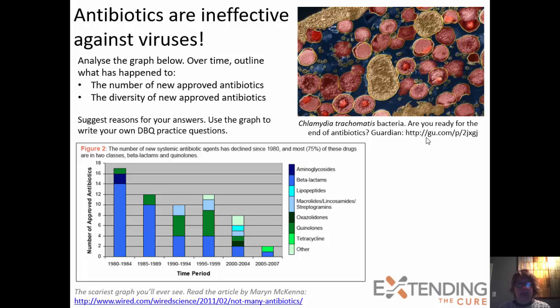You can see some of the different drugs and how they have decreased. So we have much less antibiotics to use. We really need to do our due diligence and make sure that we are only taking antibiotics when we truly have a bacterial infection.